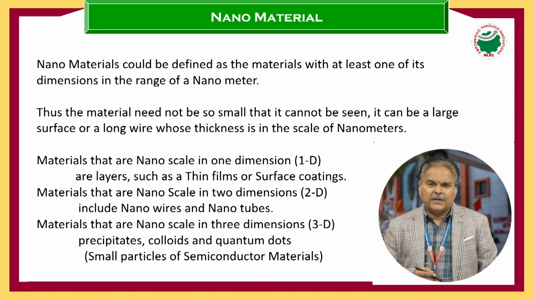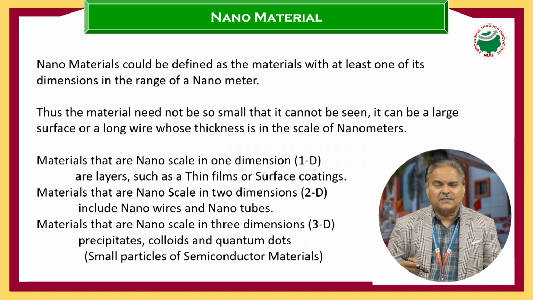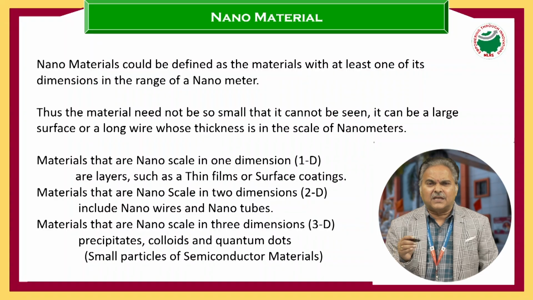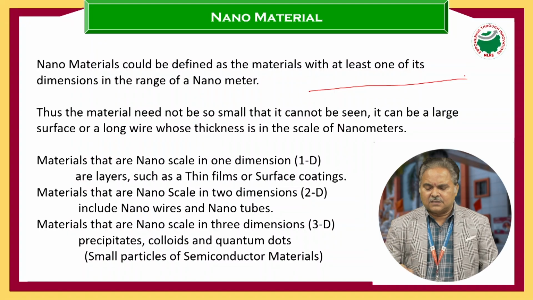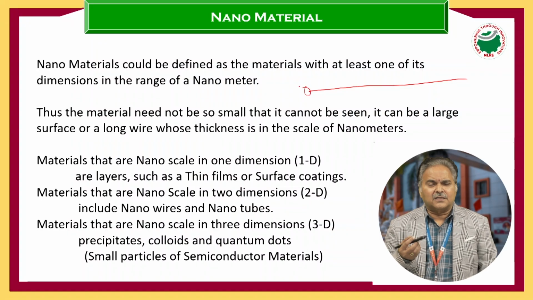Usually nanomaterial means that in at least one direction the size is nano. Like a rod or a wire, the length will be long, but the diameter will be very small, in terms of nano.